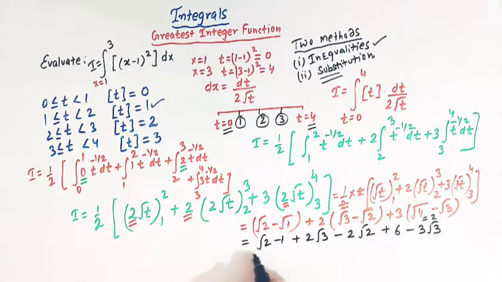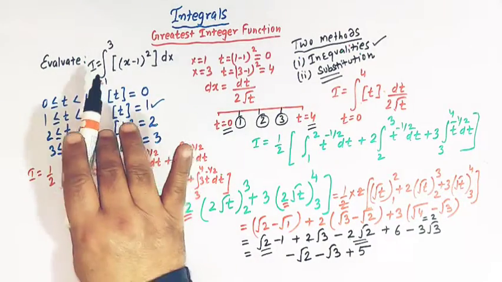Now adding and subtracting the like terms, we have root 2 minus 2 root 2, so we have minus root 2. Here we have 2 root 3 minus 3 root 3, so this is minus root 3. And here we have 6 minus 1, which is equal to plus 5.